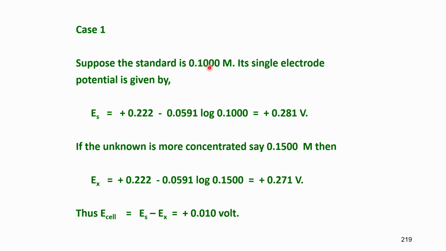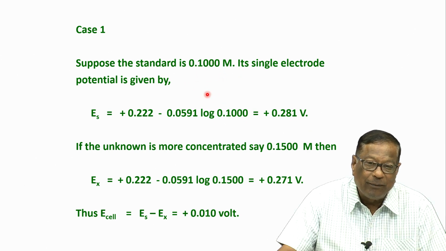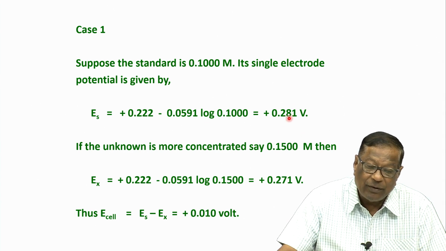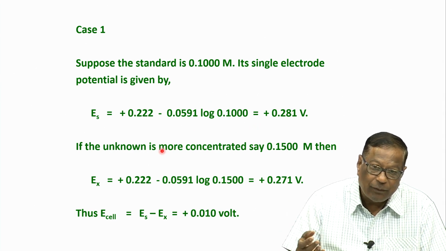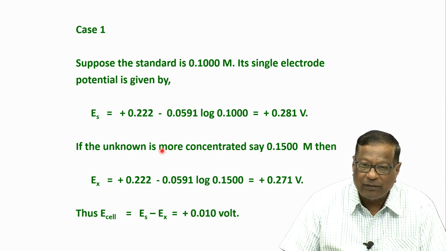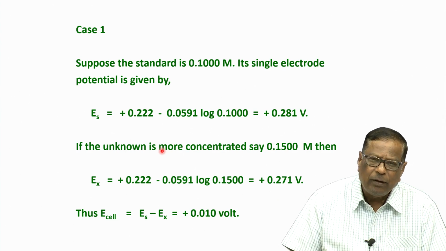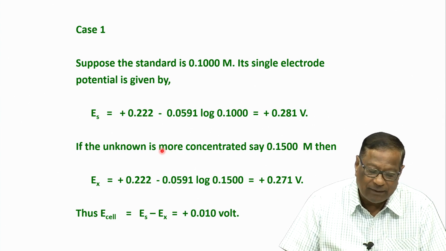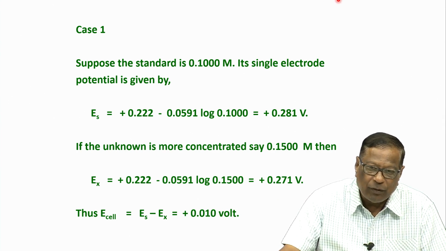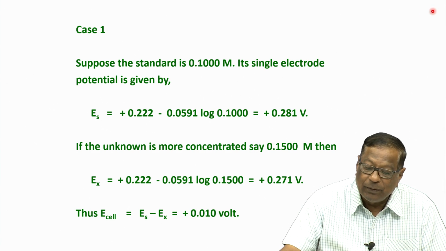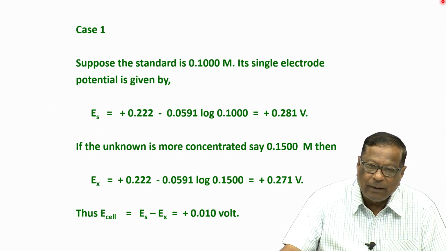So, this concentration I already know. So, I know how much is the voltage I am going to get. Then I take the unknown concentration, which you want to find out how much of silver is there. We need to do a lot of silver analysis, especially photographers and other people who develop the photographs in actual print.